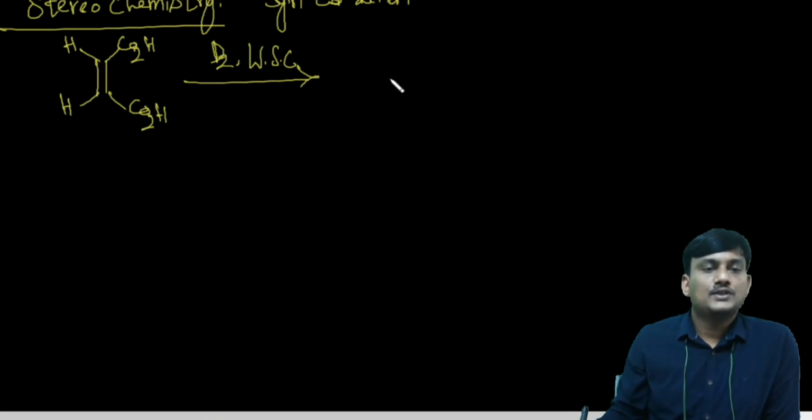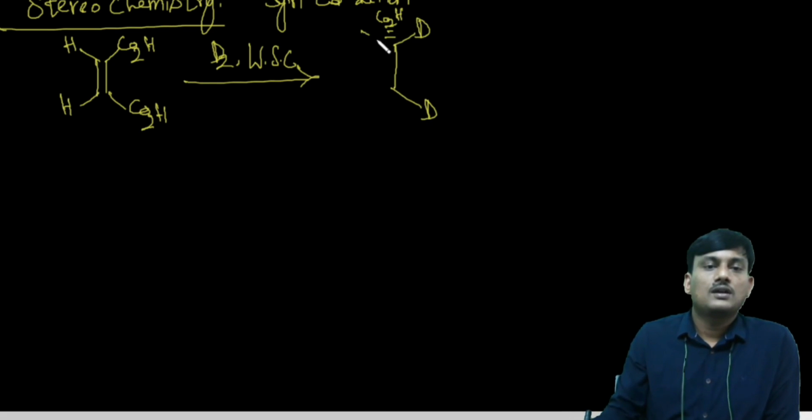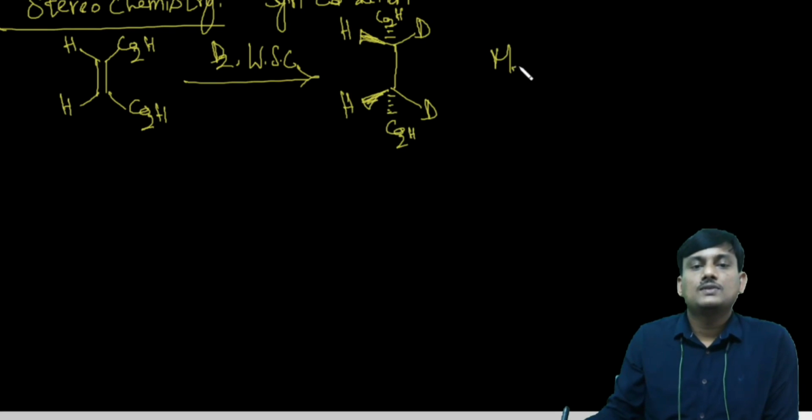There is a syn addition of deuterium. So here there is a syn addition of deuterium, with CO2H and hydrogen on each carbon. In this case you will get only the meso compound.